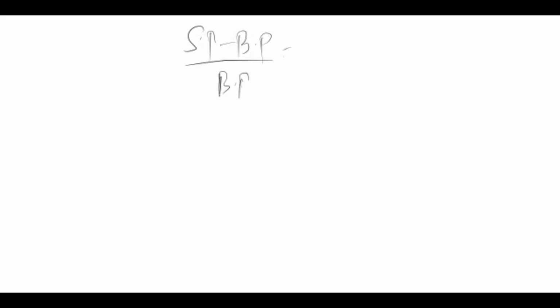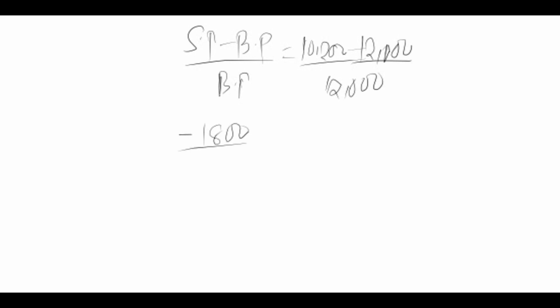So we have selling price, that is 10,200, minus 12,000, divided by 12,000. So 10,200 minus 12,000 is negative 1,800, divided by 12,000. Then we multiply it by 100%.